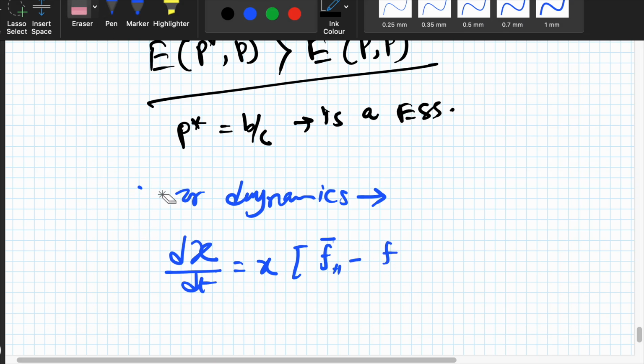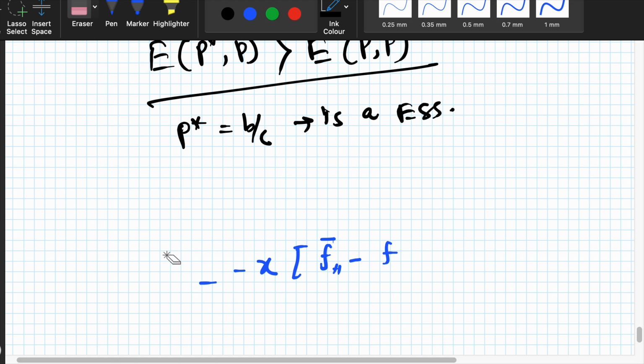So let's not talk about this in detail. I only want to mention that to capture the Darwinian evolution, one can write a dynamical equation which is known as the replicator equation, and using that replicator equation one can capture the evolution and the evolutionary stable strategy.